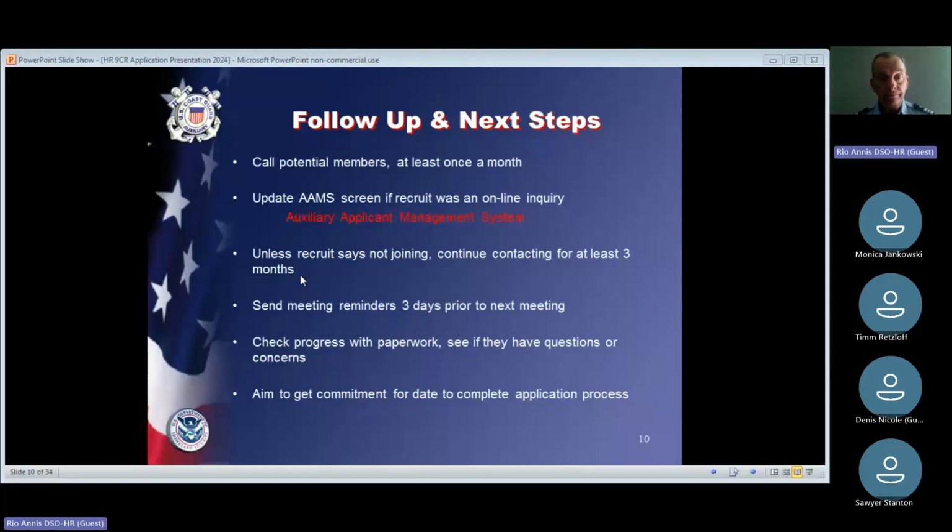So that's something to consider. If you want them to attend your flotilla meetings, send meeting reminders at least 3 days in advance, so they have advance notice to be there. Obviously, you want to check progress with their paperwork, see if they have any questions or concerns, and try to get a commitment of a date for completing the application process.